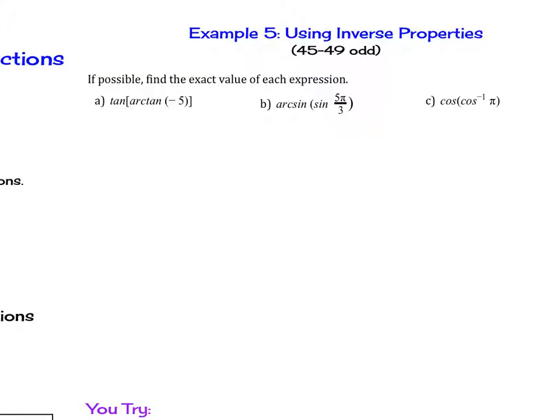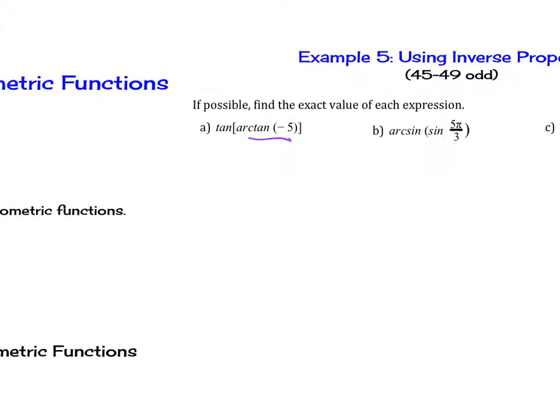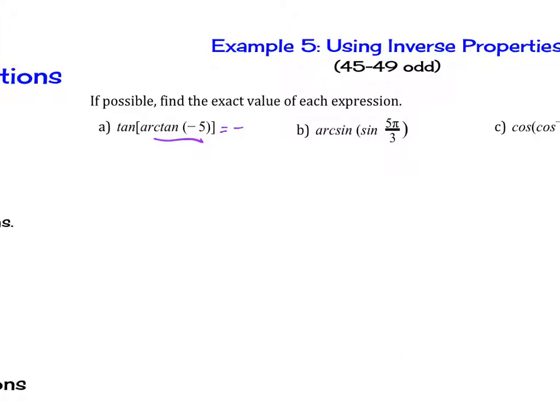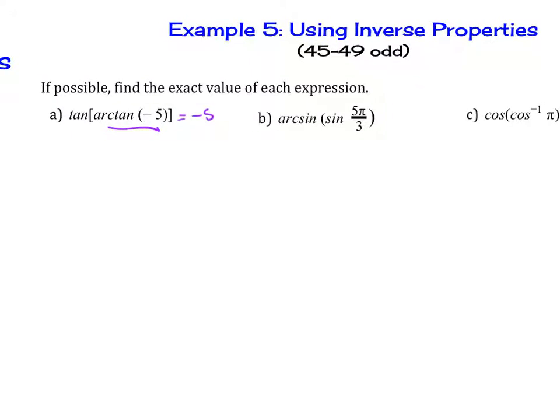So, possible to find the exact value of each expression. We have tangent of arctangent of -5. We're looking at arctangent first, inside. For -5, x can be any real number, so there's no restriction on the x value with the arctan. So the answer is just -5. Next, we have arcsine of sine of 5 pi/3.